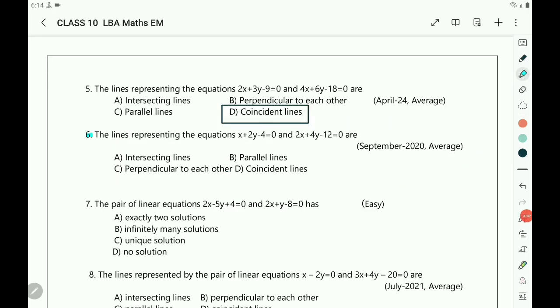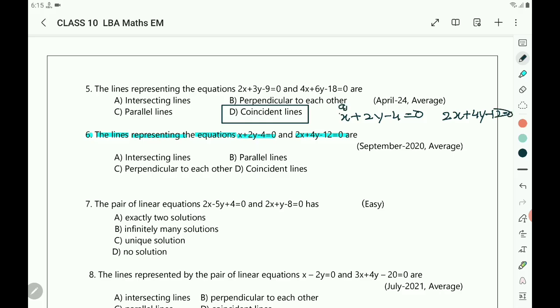Question number 6, same type of question. The lines representing the equations x + 2y - 4 = 0 and 2x + 4y - 12 = 0. Here the equations are x + 2y - 4 = 0 and the other equation is 2x + 4y - 12 = 0.